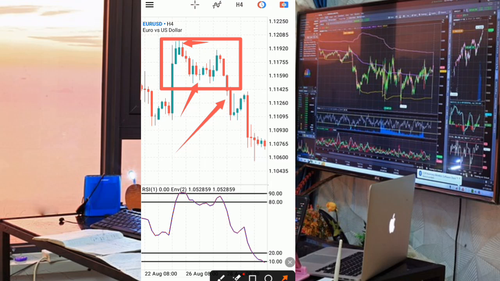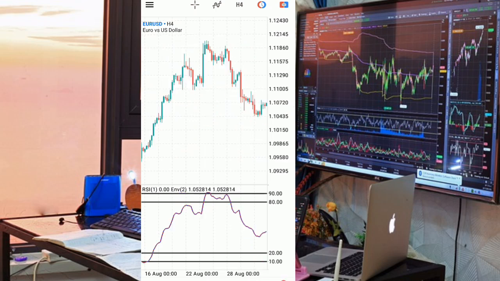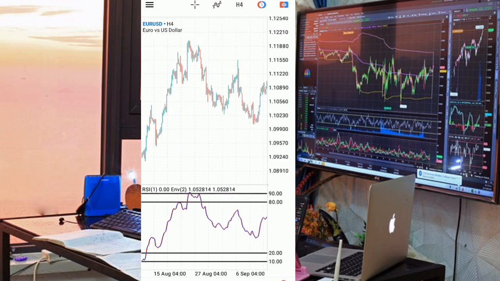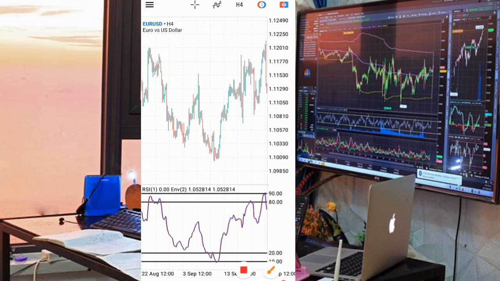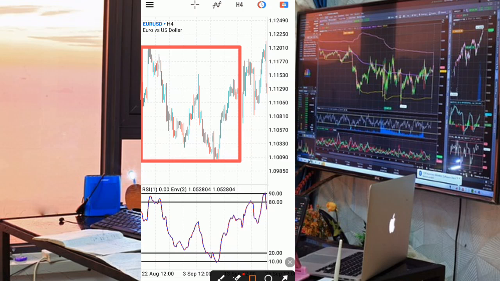Buyers tried to pull off on the market, but the sellers had the upper hand. That's the reason why we had price going down at that point, and they didn't stop. As you can see, we had a very great downtrend movement over there.